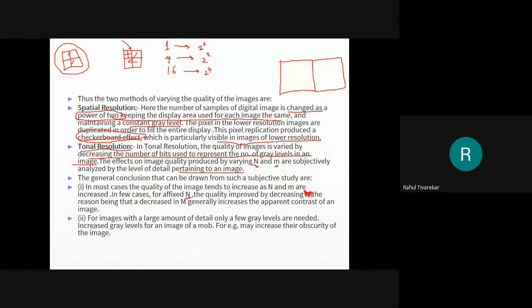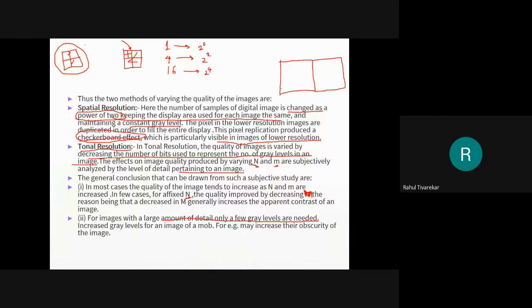Another conclusion is that for images with a large amount of detail, only a few gray levels are needed. See very carefully: for an image with a large amount of detail, only a few gray levels are needed. Increased gray levels for an image of a mob may increase the obscurity of the image.